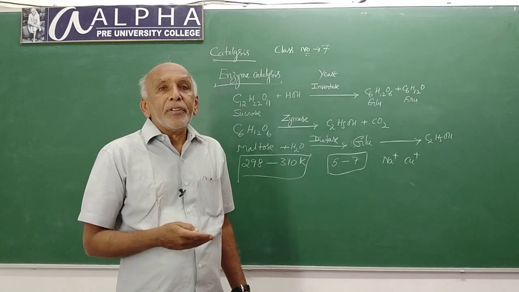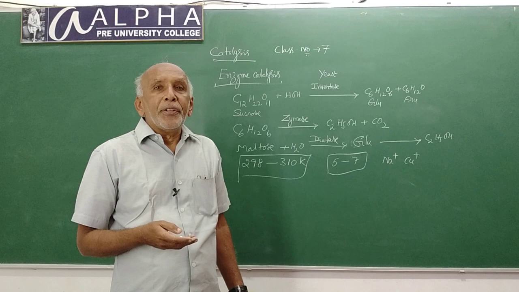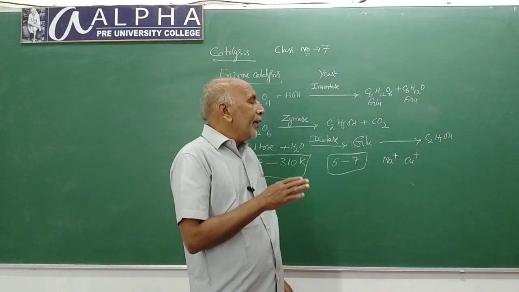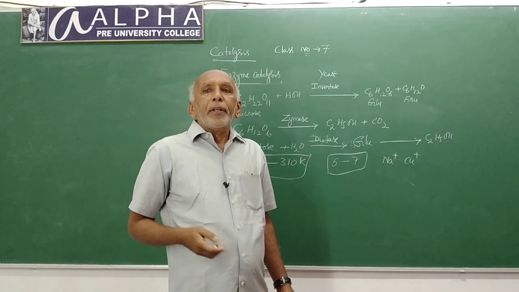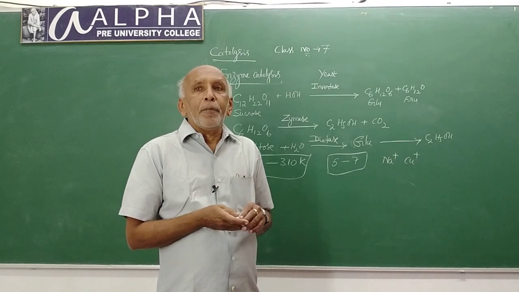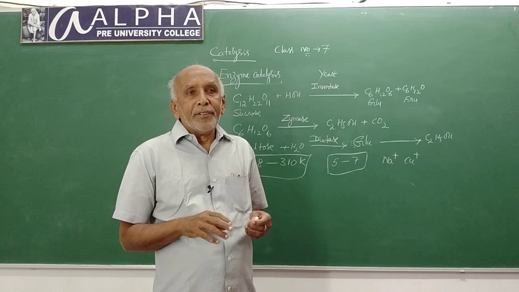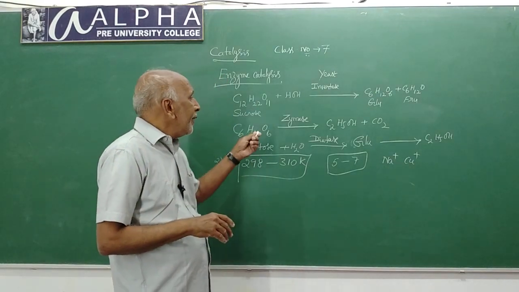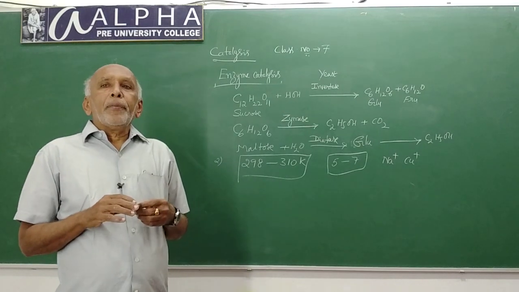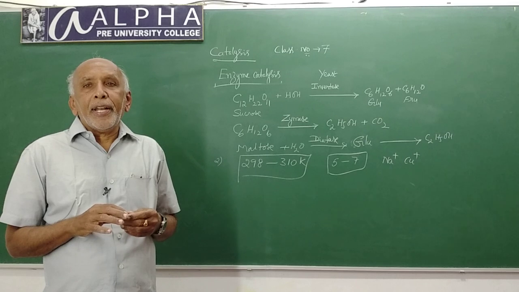They can be called enzyme poisons. Such substances actually block the functional groups present on the surface of enzyme. As a result, catalytic activity decreases. These are some important characteristics or features of enzyme catalysis.